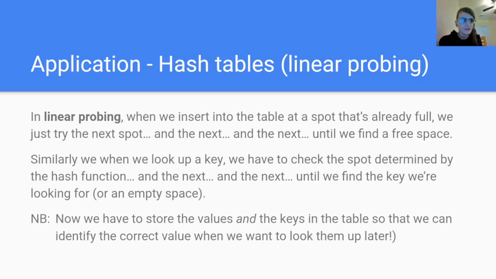Because if you've inserted something that has collided and you've had to do some linear probing to put it in a later space, you're never going to insert it past an empty space. You're going to take the first empty space that's available. So when you're inserting, you're always picking the first empty space. So when you're finding, if you're going through one at a time and you find an empty space, you know that the thing you're looking for is not past the empty space. It can't be.